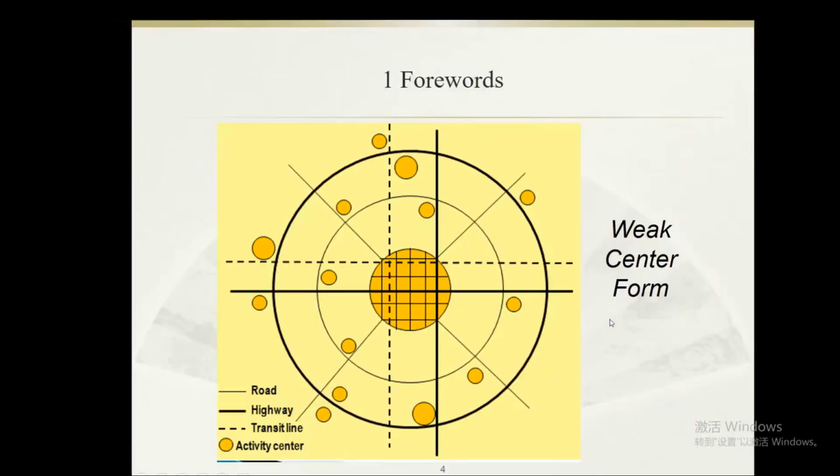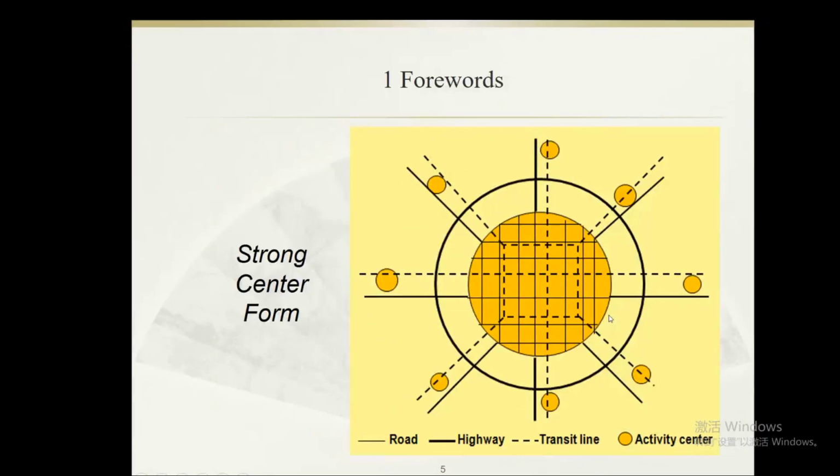Until this time, you may understand what decides the travel mode characteristics. What can decide the majority of your travel modes? What? Land use. Okay? Understand?